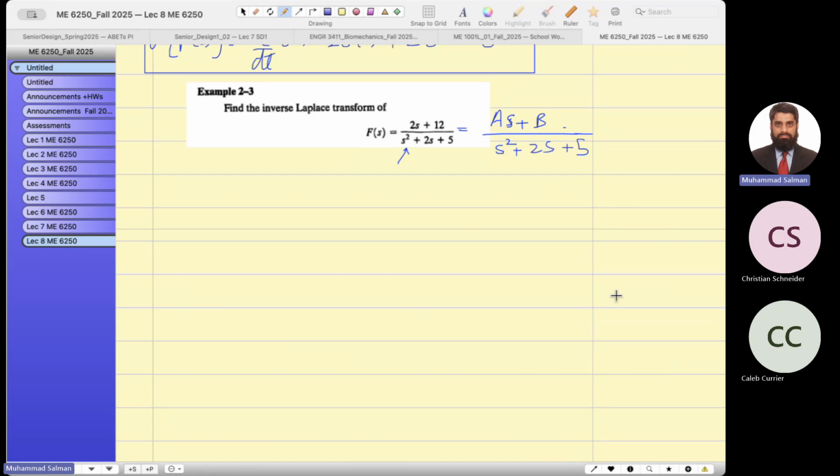So the numerator is 1 degree less than the denominator degree in the partial fraction expression. So if it is square, the numerator should have as plus b. Agreed? So multiply both sides by the denominator of the left hand side. So I can write this down as plus b.